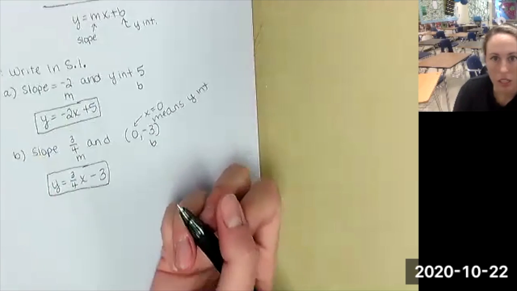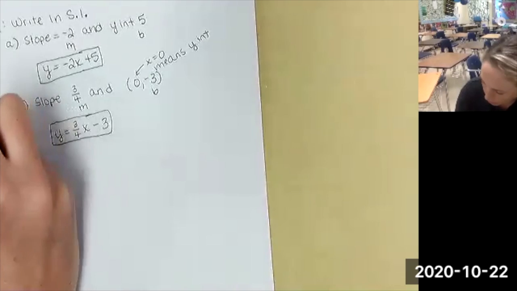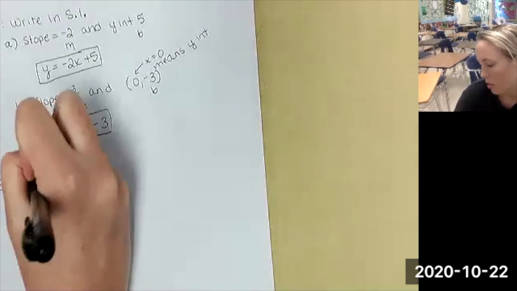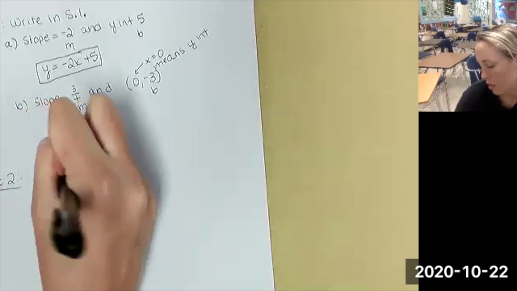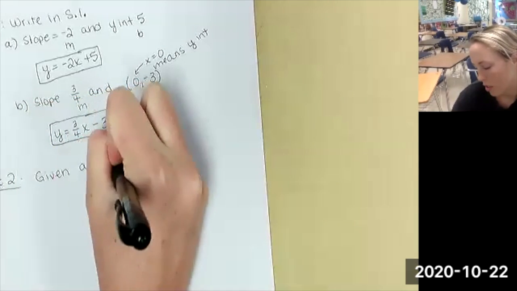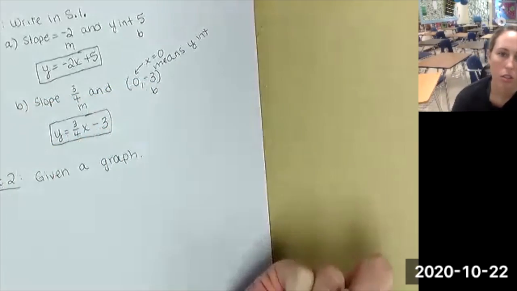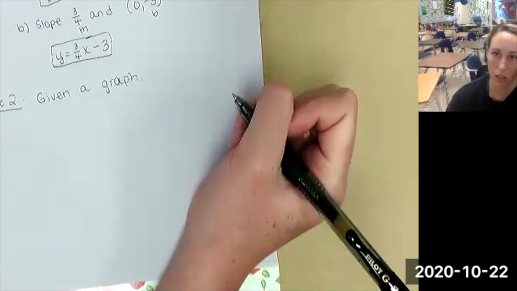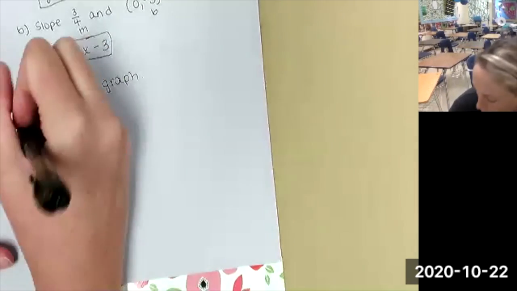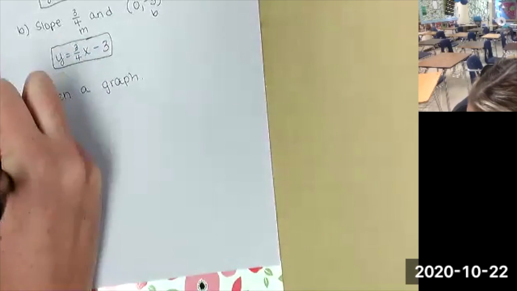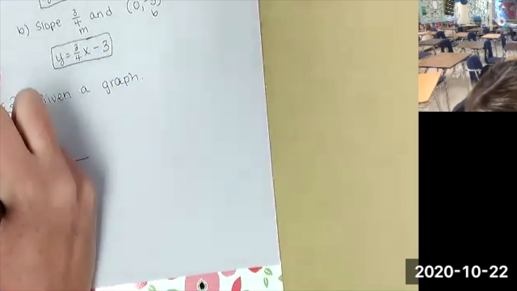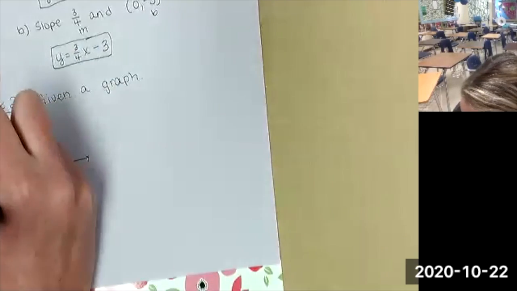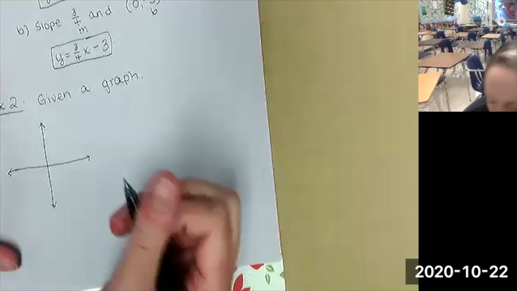So let's write an equation given a graph. I'm going to draw two graphs. These are part of the problem, not your answer. So the first one, it helps if you have graphing paper for these notes, but I know not all of us have access to that.